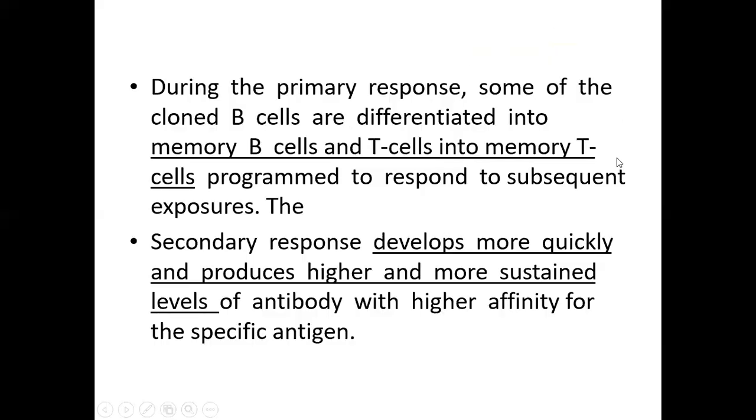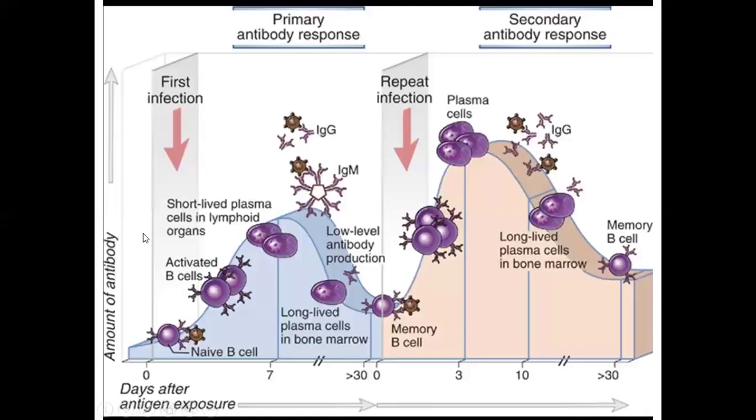During the primary response, some of the cloned B cells differentiate into memory B cells and T cells into memory T cells, programmed to respond to subsequent exposure. And the secondary response develops more quickly and produces higher and more sustained levels of antibody with high affinity for the specific antigen. So look at this picture.